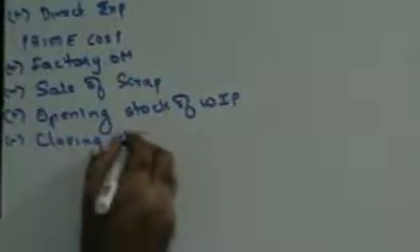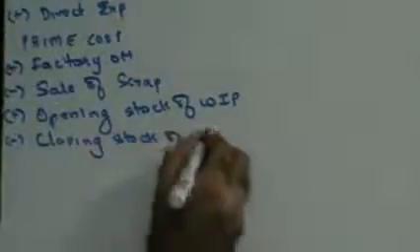Add opening stock of WIP less closing stock of WIP will give you work cost.